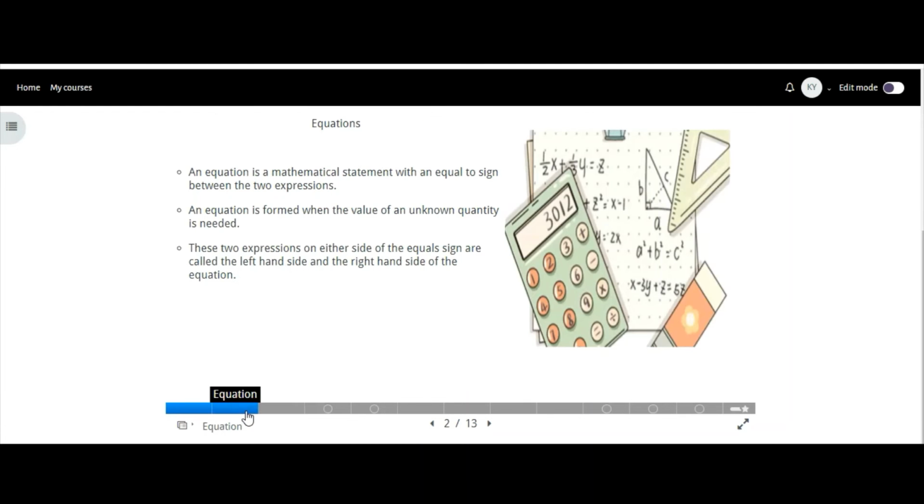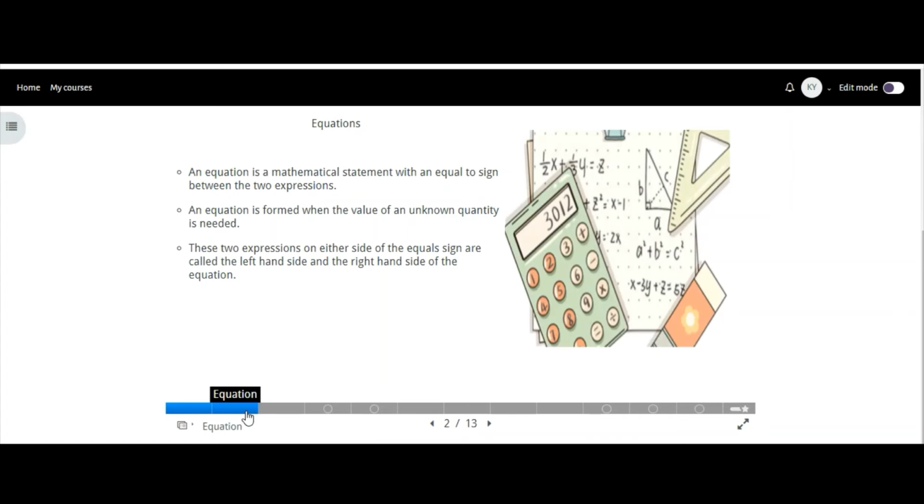Now, an equation is a mathematical statement with an equals sign between two expressions. An equation is formed when the value of an unknown quantity is needed. These two expressions on either side of the equal sign are called the left hand side and the right hand side of the equation.